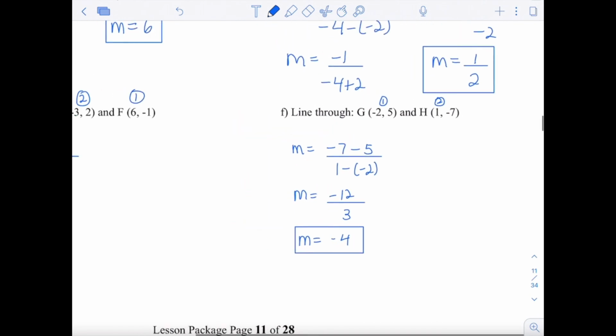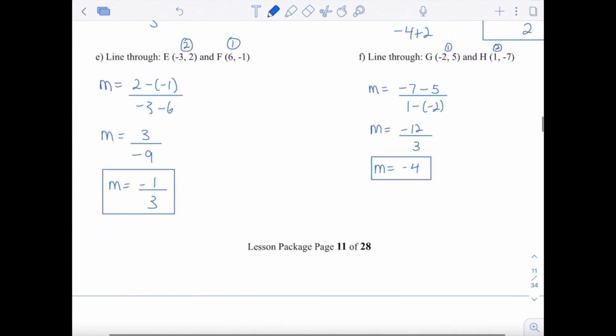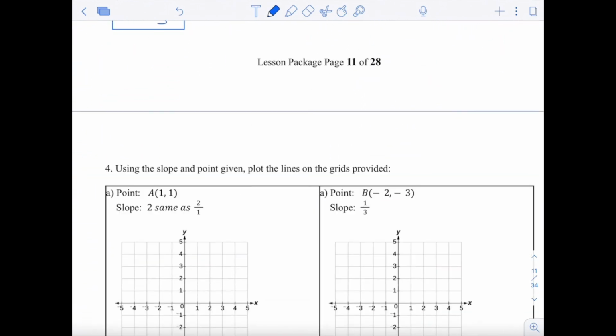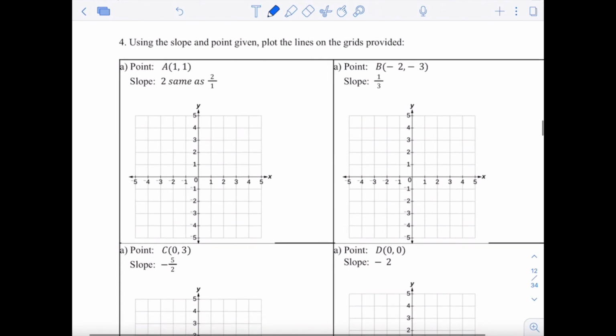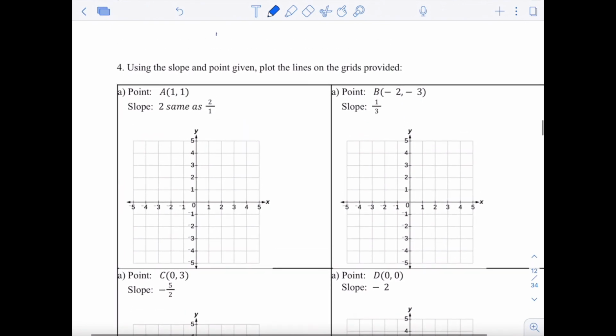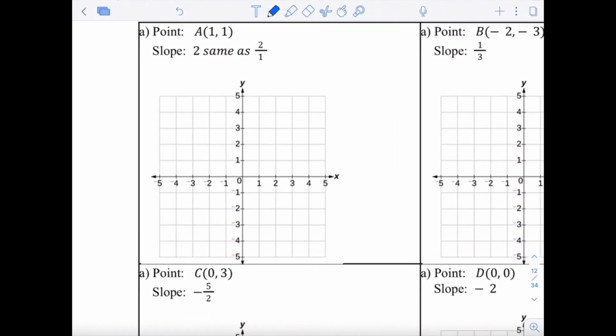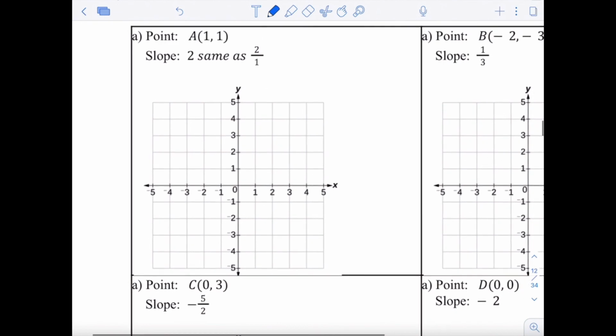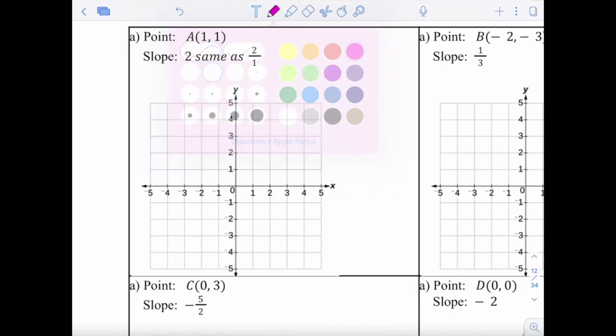So now that I know more about what a slope is, remember, a slope is rise or fall over run. What I can do is use my slope now and a point to graph a line. So in these questions, what I want to do is first start with an initial value. So here we have 1, 1.